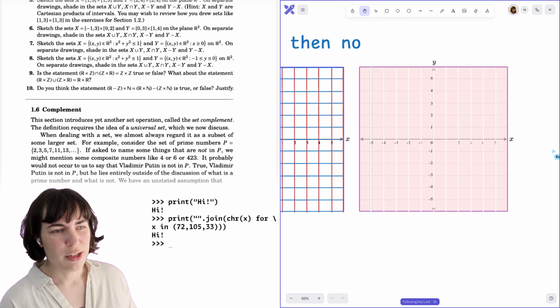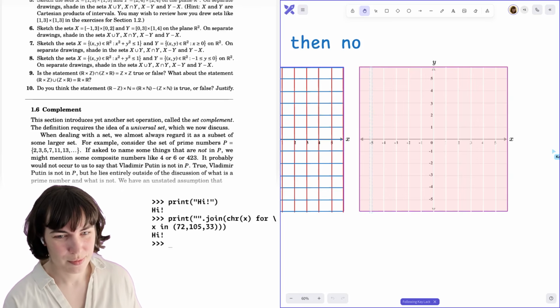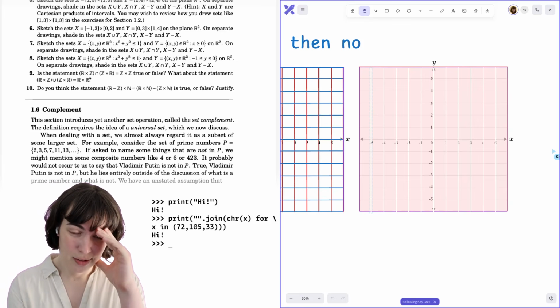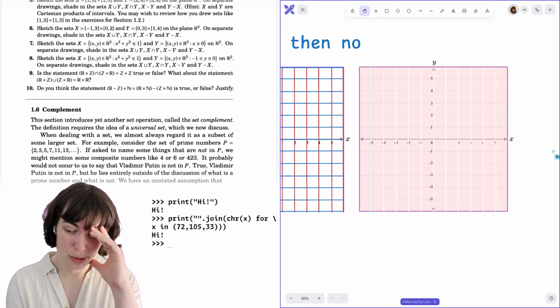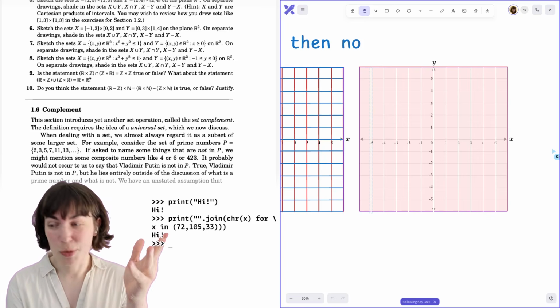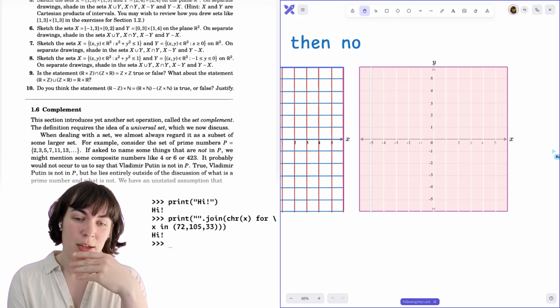Yeah, and then we multiply this by the natural numbers. So the y would be only the natural numbers, which in this book does not include 0, by the way.